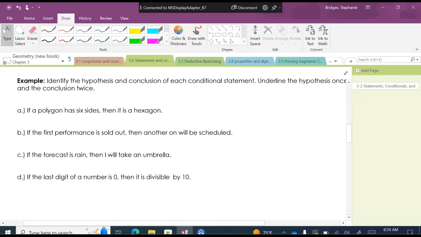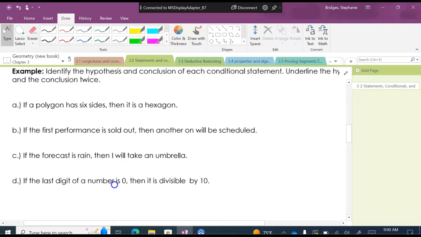The hypothesis comes after if, the conclusion comes after then. So you should be on your paper underlining the hypothesis once and the conclusion twice on A, B, C, and D. Hypothesis comes directly after if, conclusion comes directly after then.